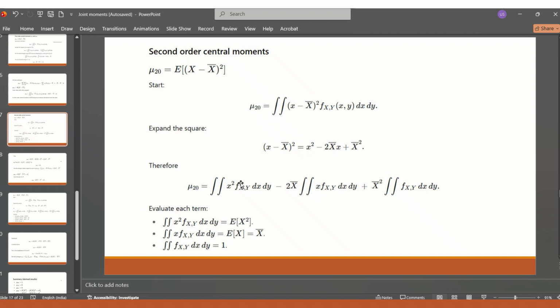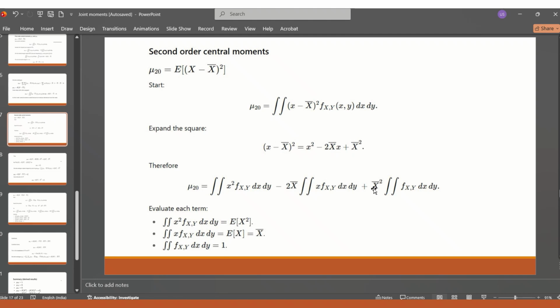Here, the double integral from minus infinity to infinity of x into f x comma y of x comma y dx dy is equal to x bar, and the double integral of f x comma y of x comma y dx dy is equal to 1, because it is the area under the curve, which is equal to 1.